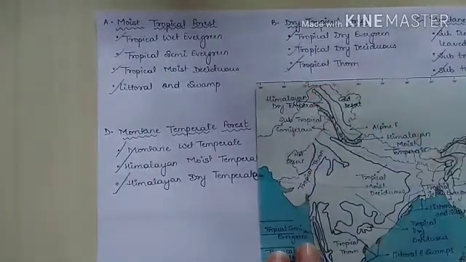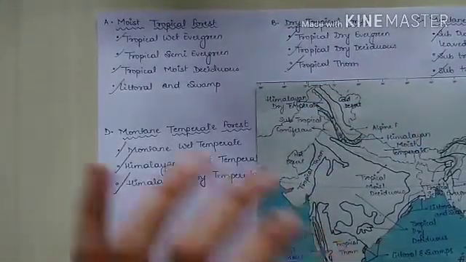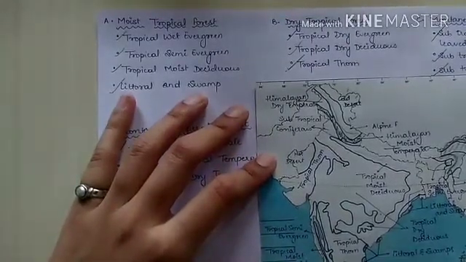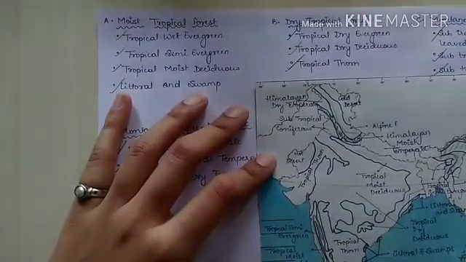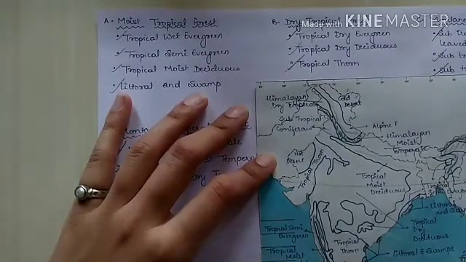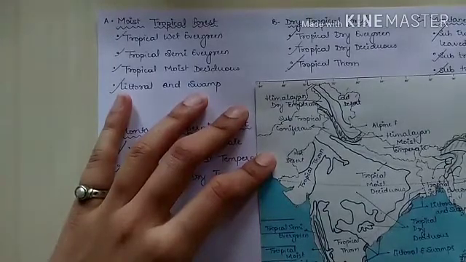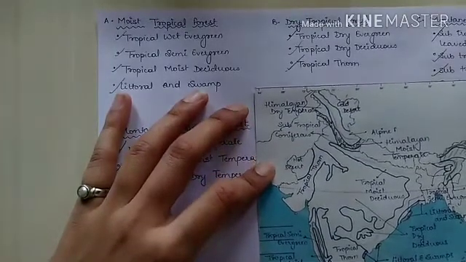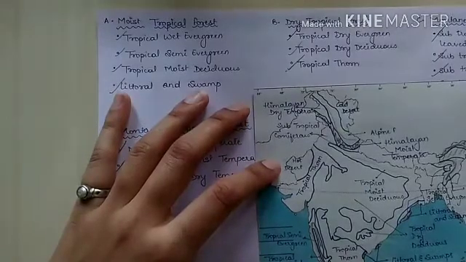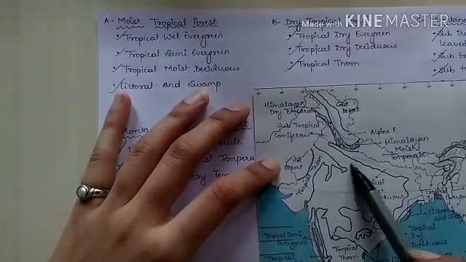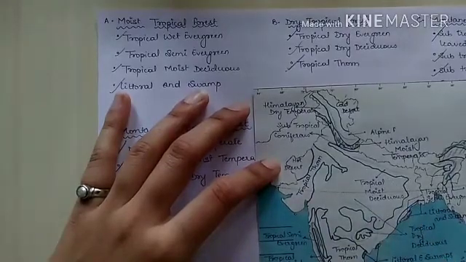In dry tropical forest, we have tropical dry evergreen, which is found in the rain shadow area. This area and this area have tropical dry evergreen forest. Then next we have tropical dry deciduous. Tropical dry deciduous is in this region, and this whole region is tropical dry deciduous forest.